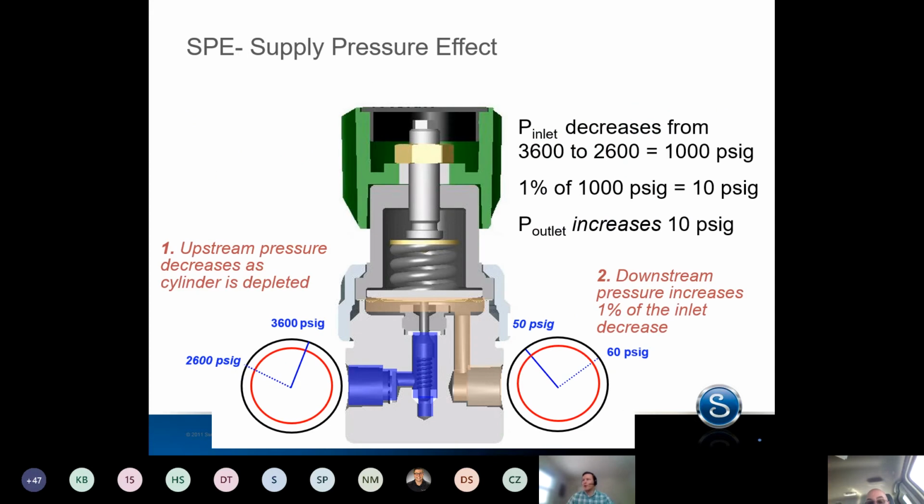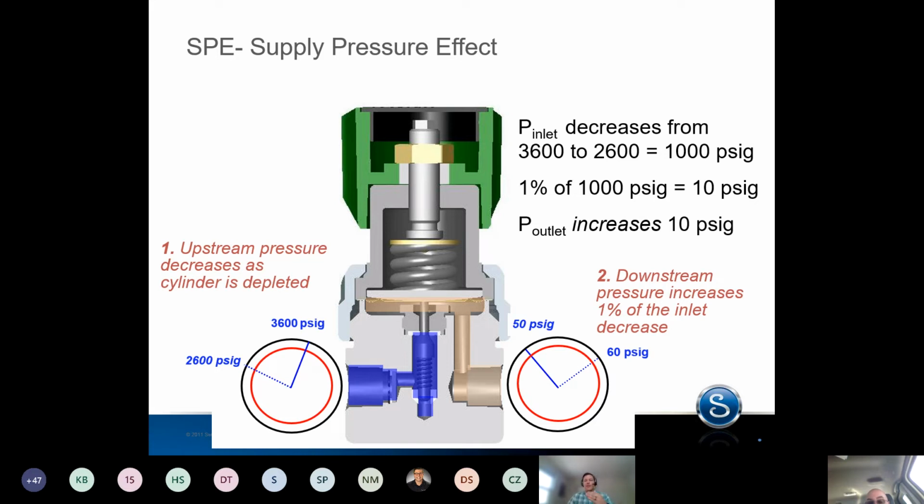So let's look at it from a practical sense. Supply pressure effect for this regulator is 1%. If we have a depleting cylinder that goes down by 1,000 psi, we know that it's a 1% SPE because we found it in the catalog or the technical documentation, whatever it is.